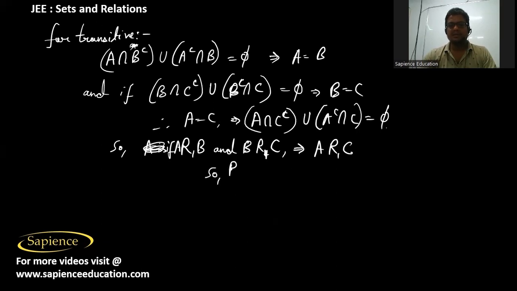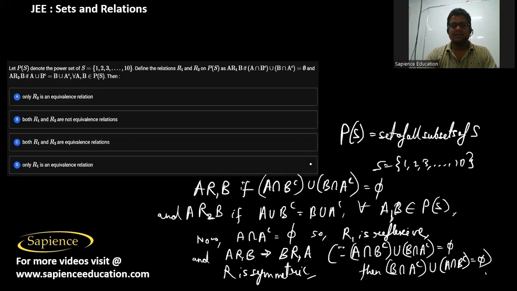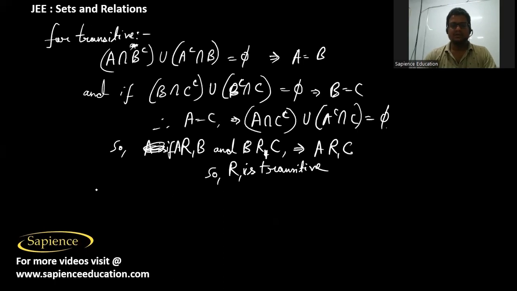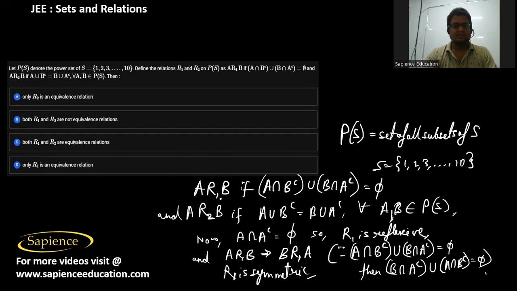So it means that R1 is transitive also. R1 is reflexive, R1 is symmetric, and R1 is transitive. So R1 is an equivalence relation.